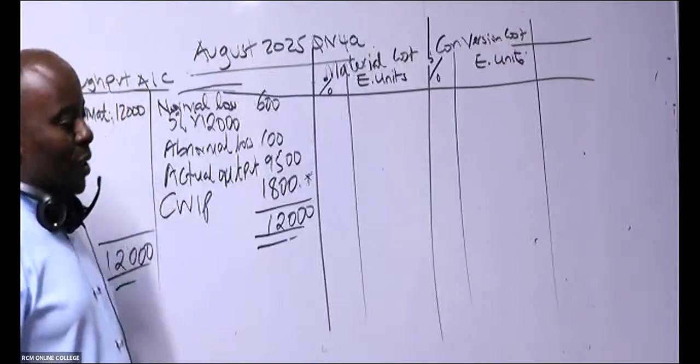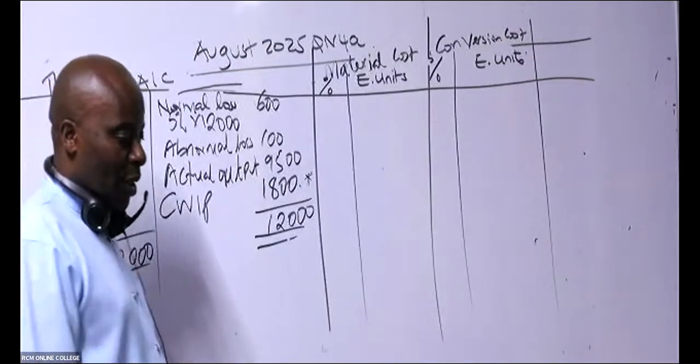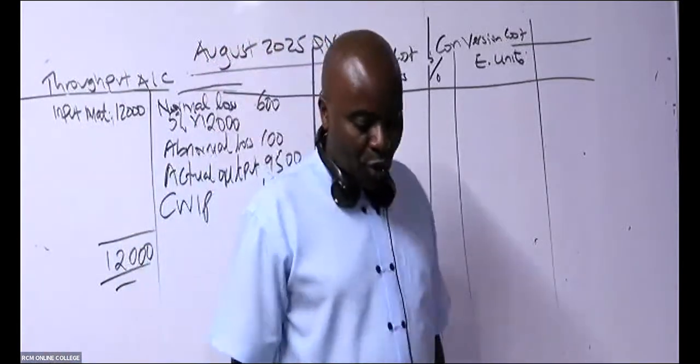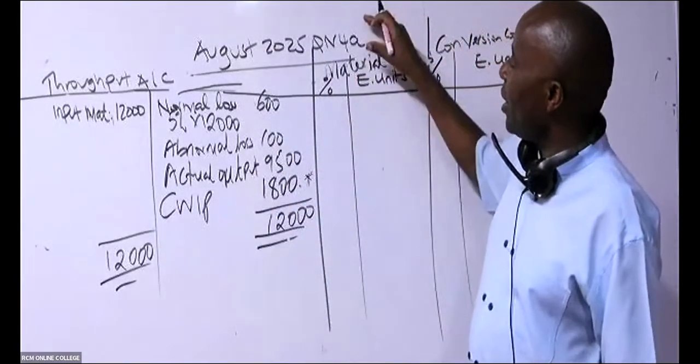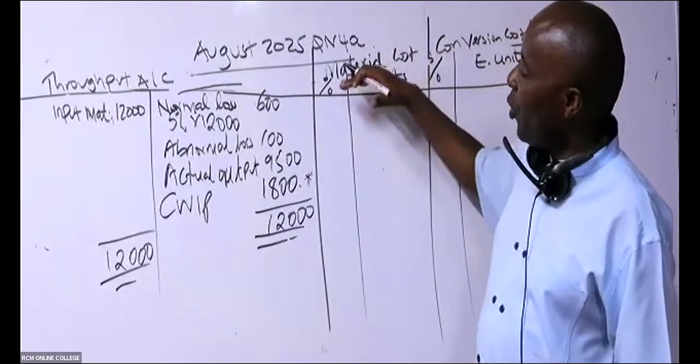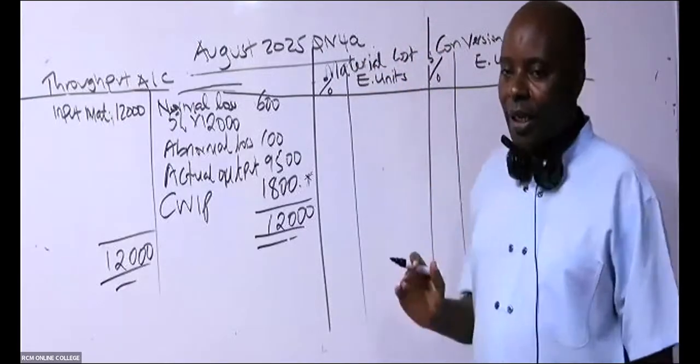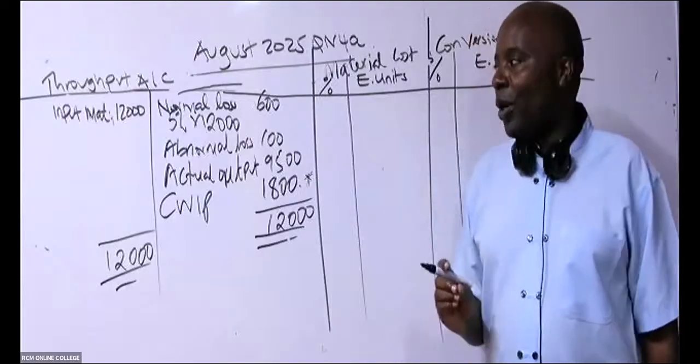So material cost and the conversion cost. Material cost and the conversion cost. So remember, in the statement of equivalent units, you write the cost components always. Always. You write the cost components.